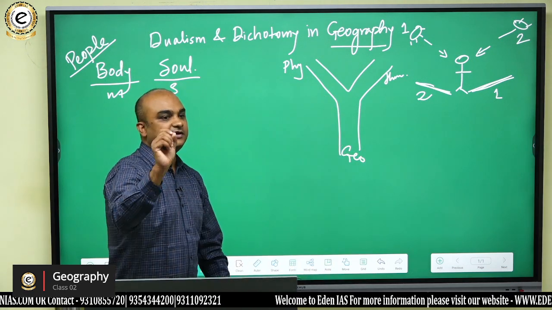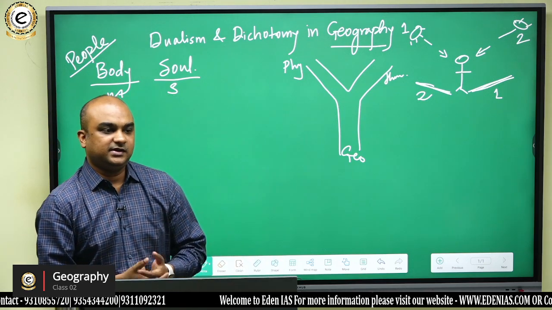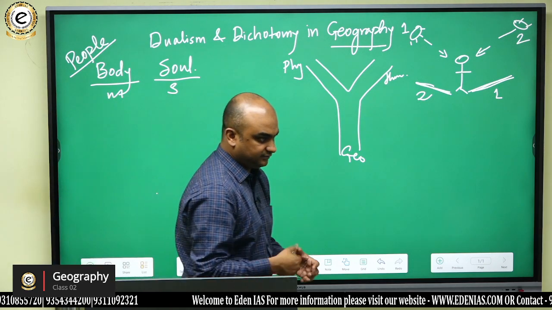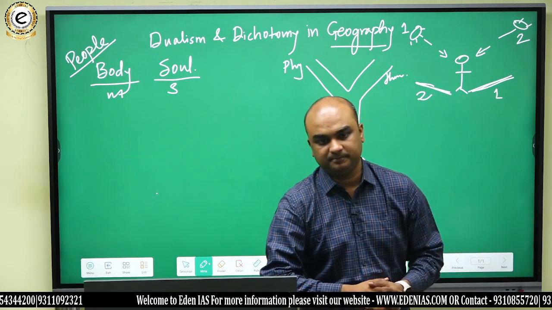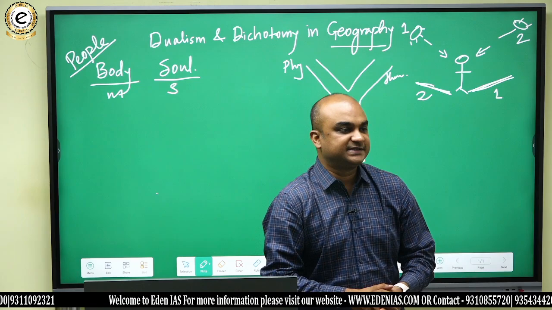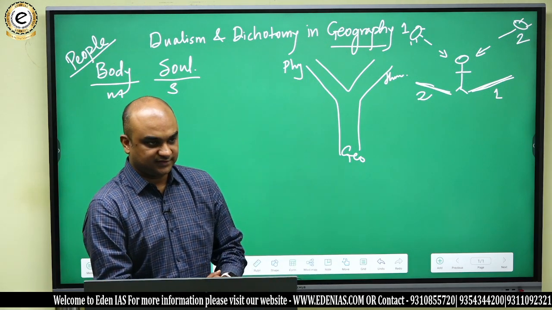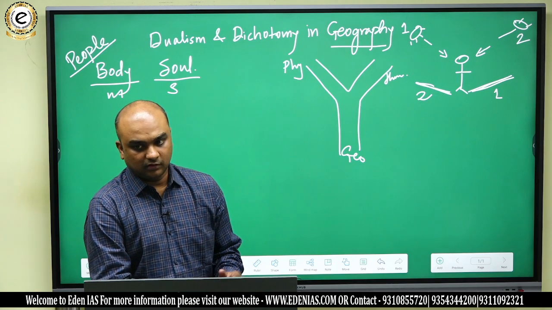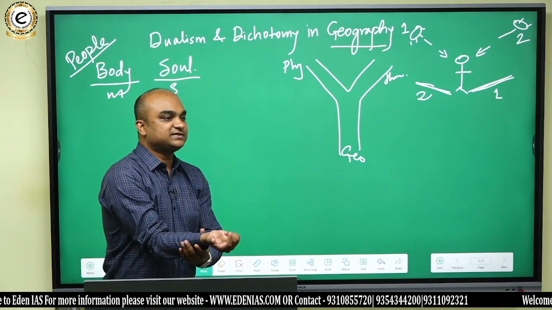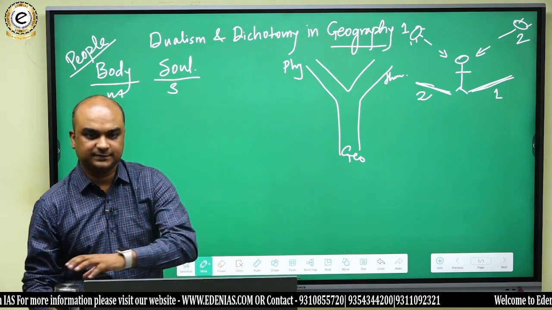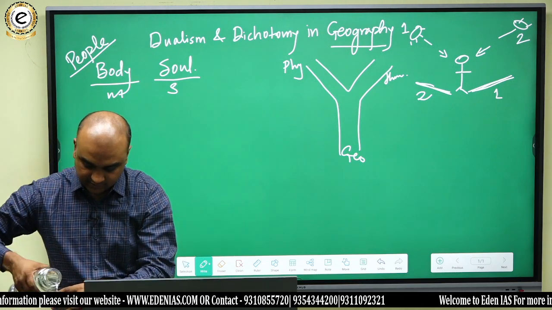So write the next bullet. When we divide any subject or discipline into two branches on the basis of dualistic thought, it is known as dichotomy.